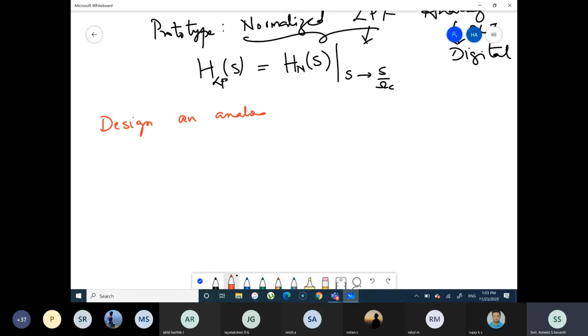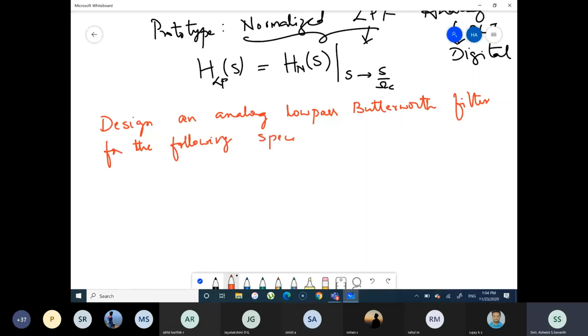Design an analog low pass Butterworth filter for the following specifications.